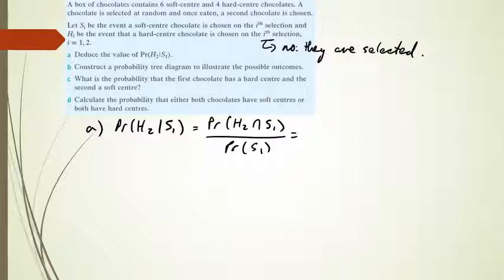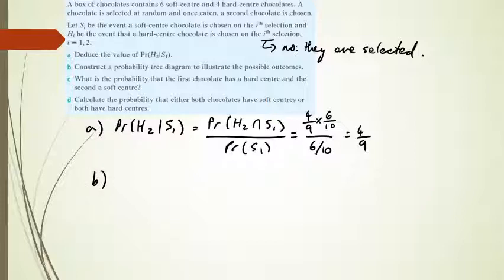Soft on the first one, we have 6 out of 10, because there's 10 in total, if you read the top. And then for it to also be hard, we have 6 out of 10 times the hard center, which is 4 out of 9. Now be careful, because it's 4 out of 9: we've eaten one of them, so it's not out of 10.